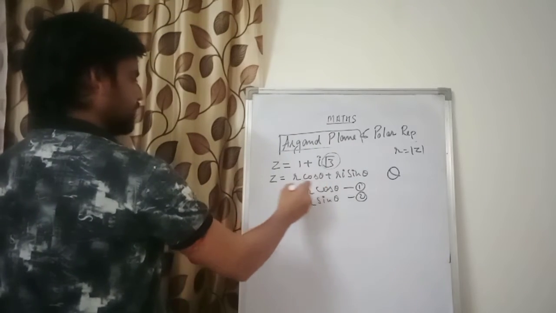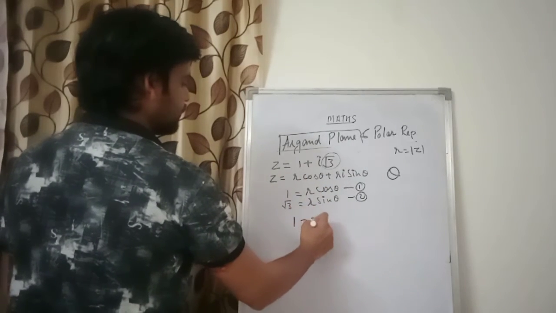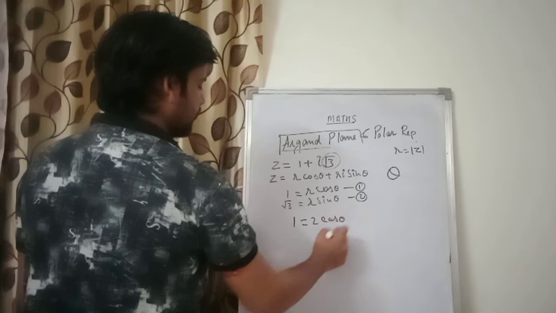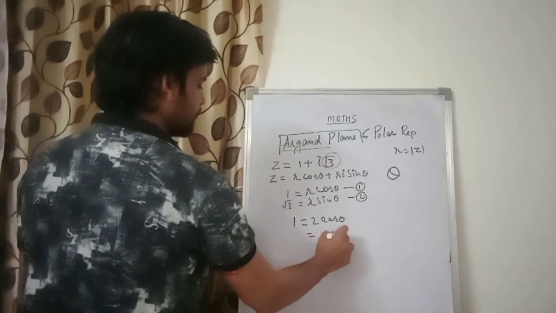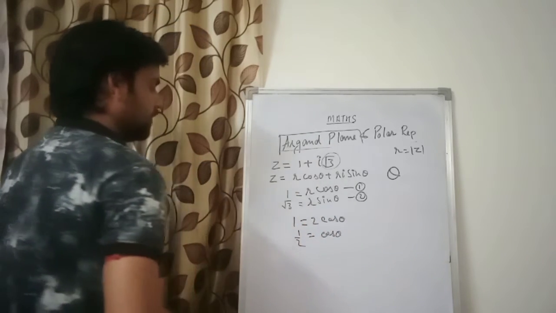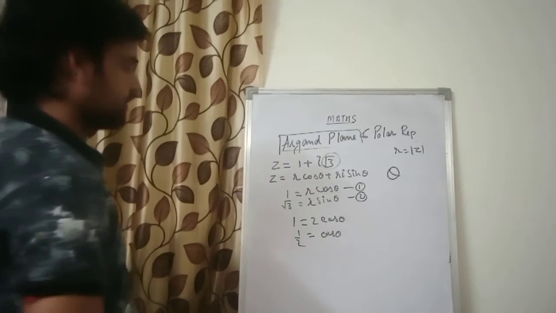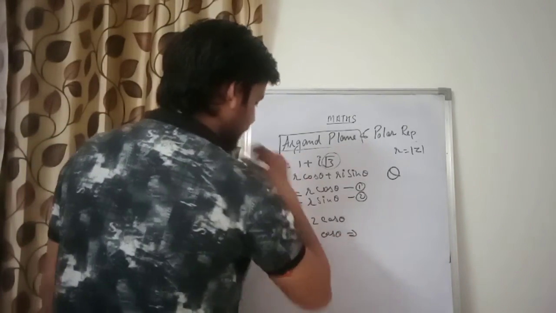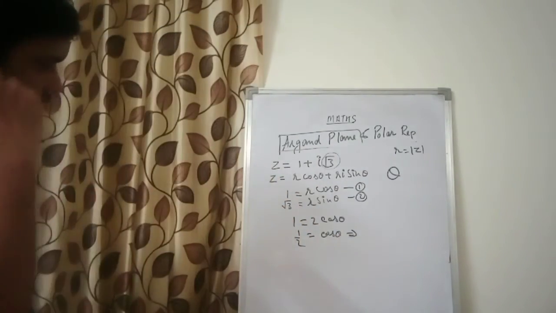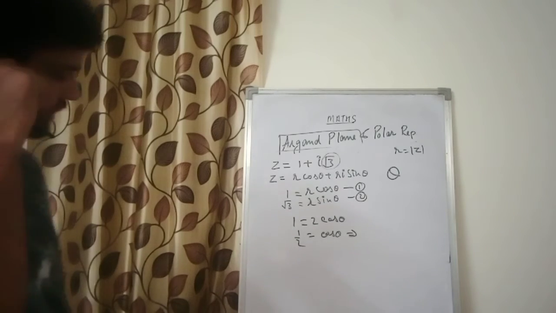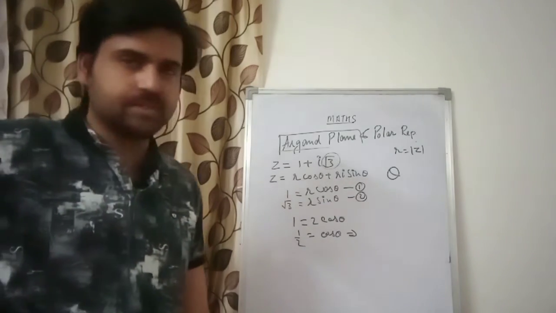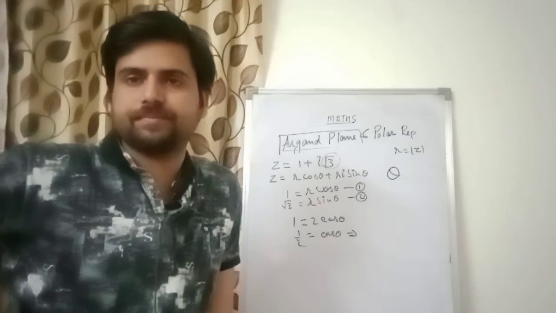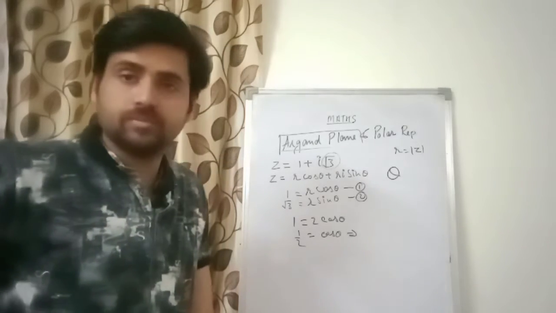Put the value of r in the first equation, you will get 1 equals 2 cos theta. So this implies cos theta is equal to 1 by 2. So theta will be cos inverse of half, or you can say cos 60 is 1 by 2.